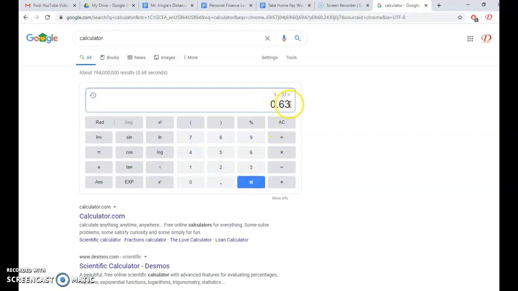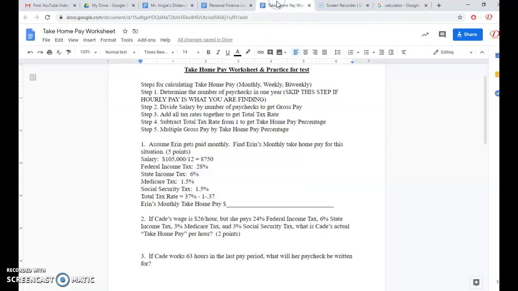So that is our take-home pay percentage. That's the percent of our salary that we're actually going to get to take home after we've paid all of our taxes. So we get 63% of this every year, and we get 63% of this every month. All right, that's kind of how that works.